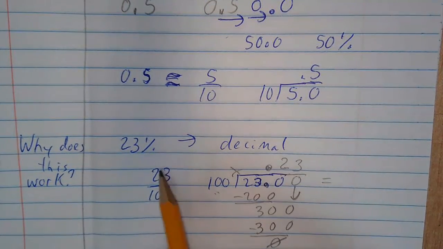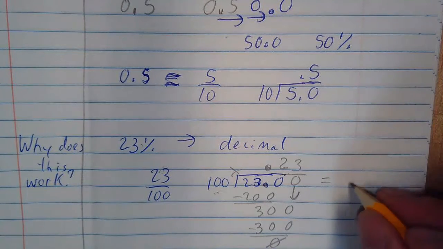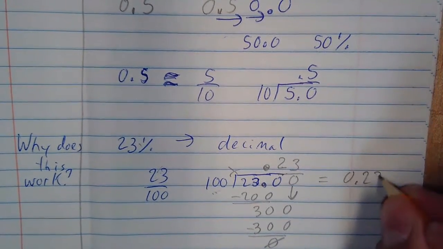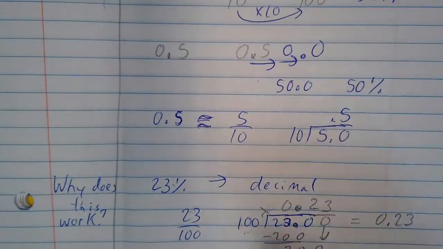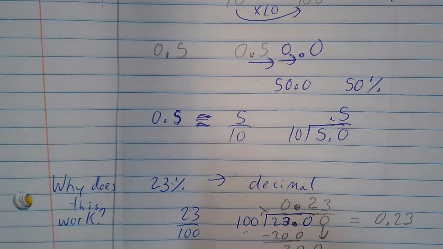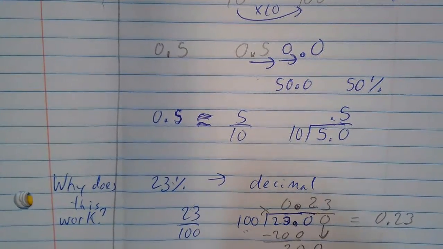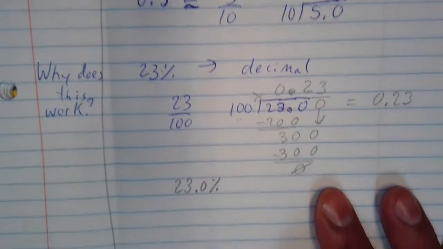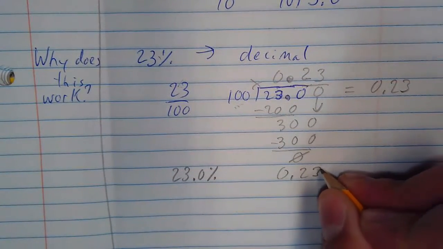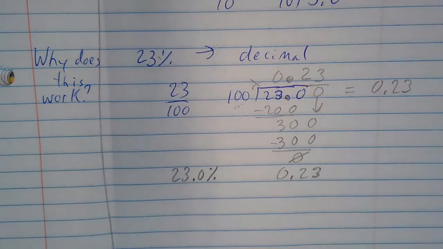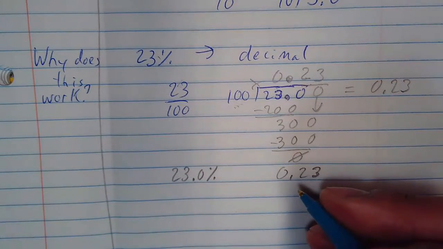So look what just happened. 23 hundredths, 23%, is equal to 0.23. I forgot to add a 0 here. But if this is 23.0%, you get 0.23. It's all about moving that decimal point.